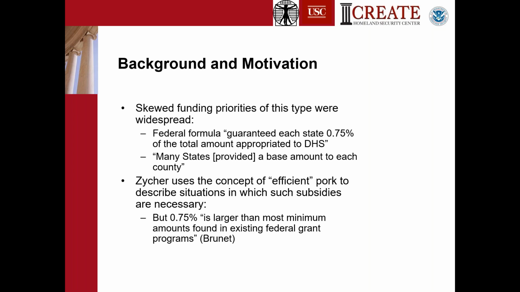overall funding program. But Alexia Brunette, who at that time was a postdoc with the CREATE Center, did some background research and found that 0.75% was larger than the minimum amounts in most other federal grant programs.